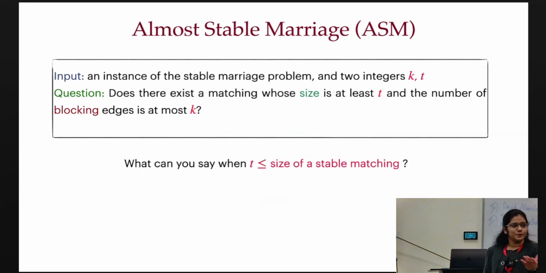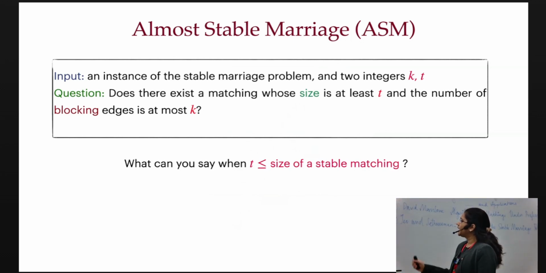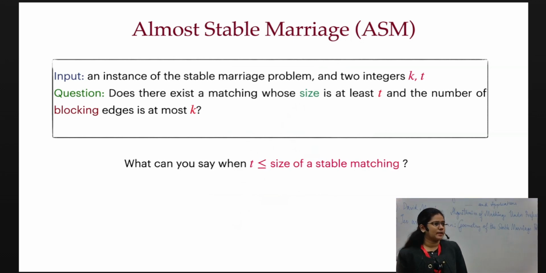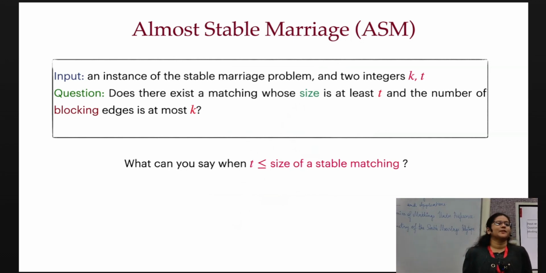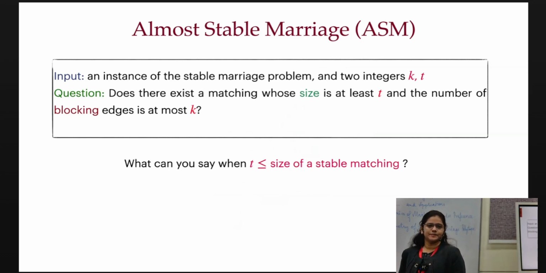Question for you: what can you say when t is less than or equal to the size of a stable matching? I am not saying anything about k. k is anything, let us say. Do we know the answer? Do not say, just raise your hand.